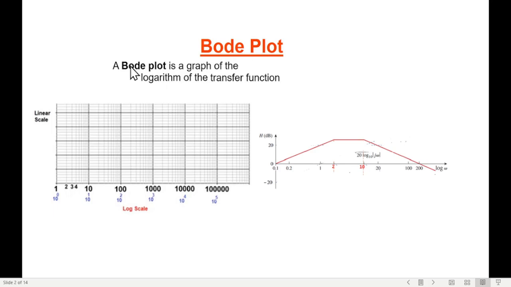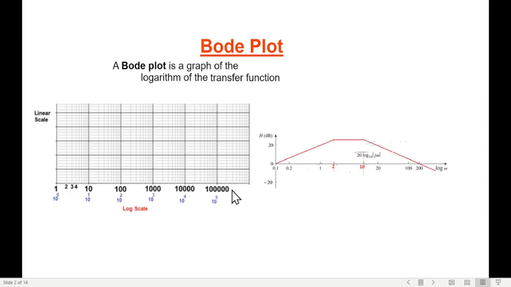A Bode plot, actually the name is Bode plot, but generally in India, Pakistan, we call it Bode plot. So a Bode plot is a graph of logarithm of the transfer function. So any transfer function, we can plot it on the log scale.